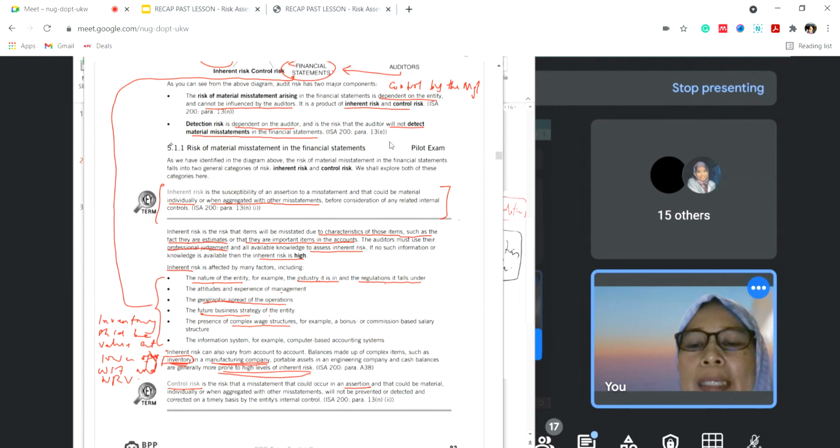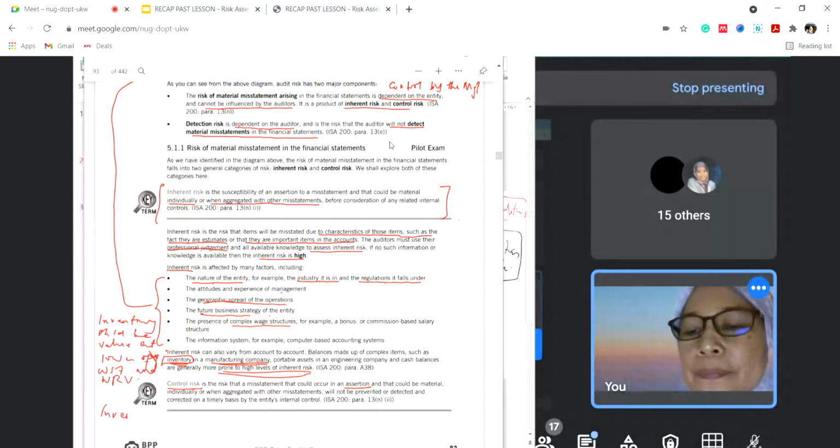So individually, inventory itself will contribute to the misstatement. When we talk about inventory, inventory will be a significant item in the financial statement, where it arises in the current asset as well as in the gross profit figure.